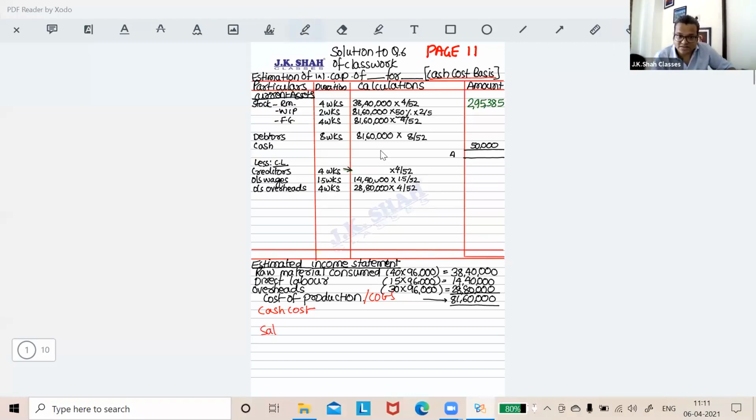We take sales minus net profit, minus depreciation. Even if you multiply 100 into 96,000, 96 lakh, minus the profit, you will reach 81 lakh 60,000. Sales minus net profit, and you reach 81 lakh 60,000. And there is no depreciation given in the question, so this itself will be our cash cost, 81 lakh 60,000.